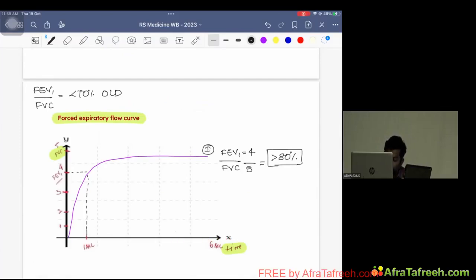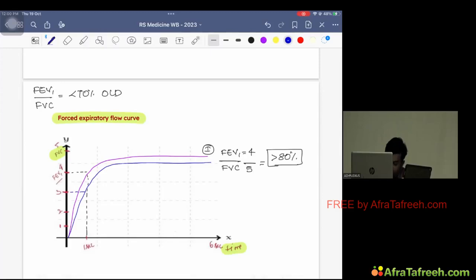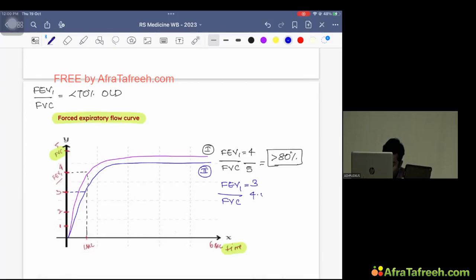Now the next patient comes to you, who is breathing in and breathing out. You are going to get a graph like this. In this second scenario, FEV1 is 3 and FVC is 4.5.